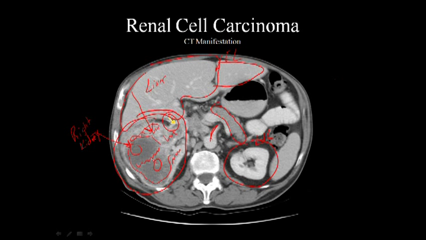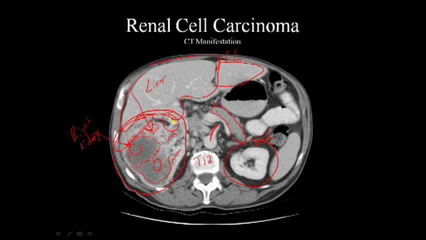And so based on this, we can presume that we're probably around the level of T12, and the mass has enlarged the kidney to such a great extent that it has actually modified how the liver is sitting inside of the abdomen, and because of that, the mass has enlarged itself, and we have a weird border here.